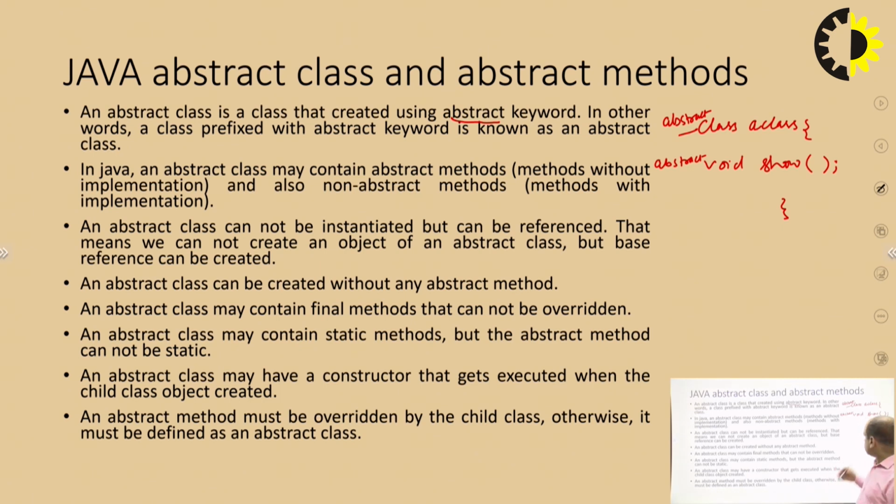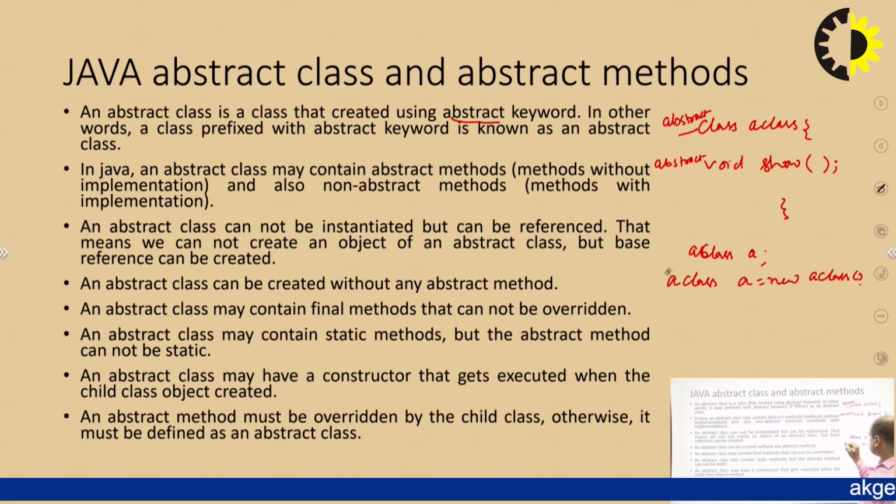Which means if I write A a, that is valid. If I write A a equal to new A, this is not valid.